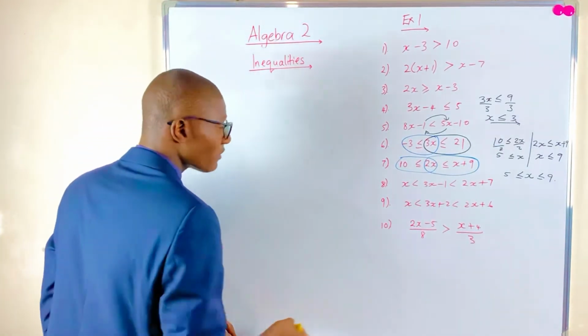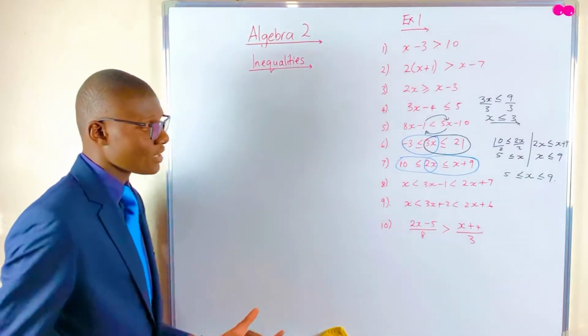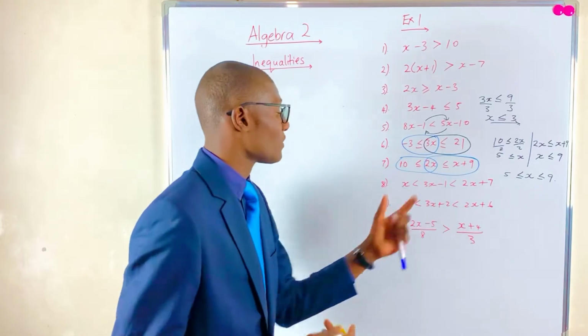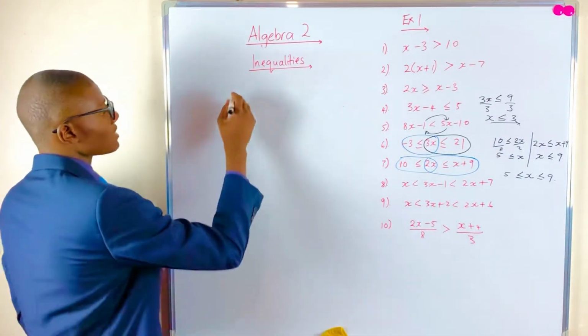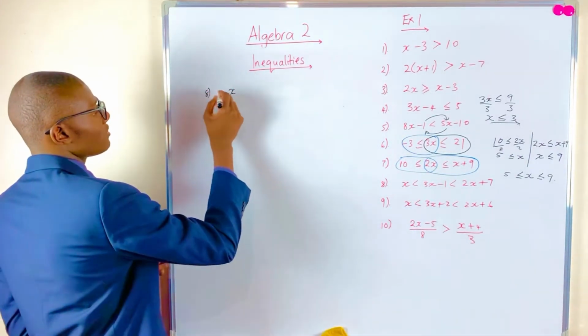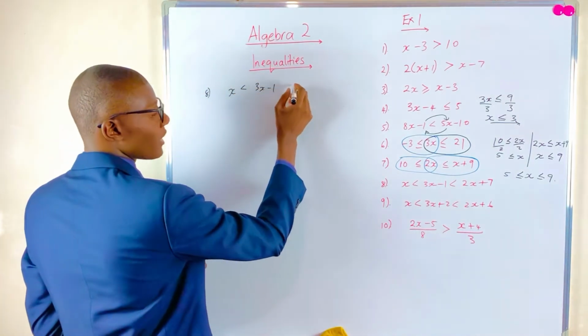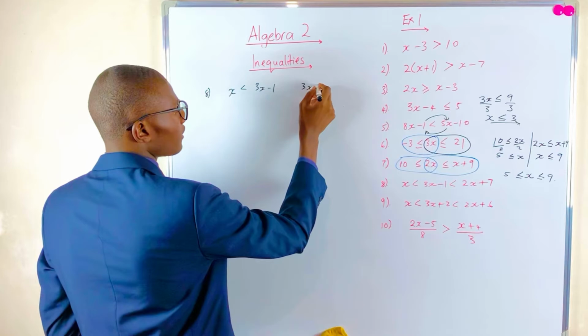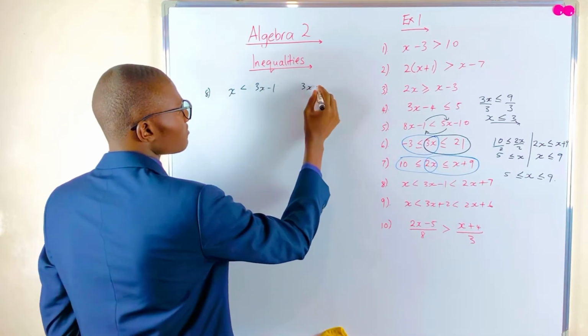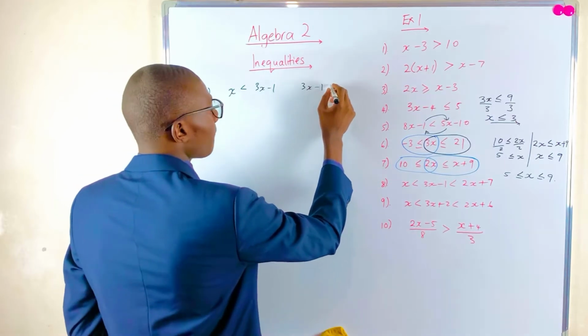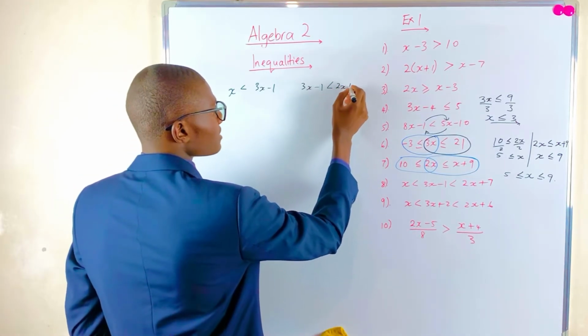Okay, now with number 8, we've got the same situation. Splitting this into two separate inequalities, we've got x being less than 3x minus 1, and 3x minus 1 being less than 2x plus 7.